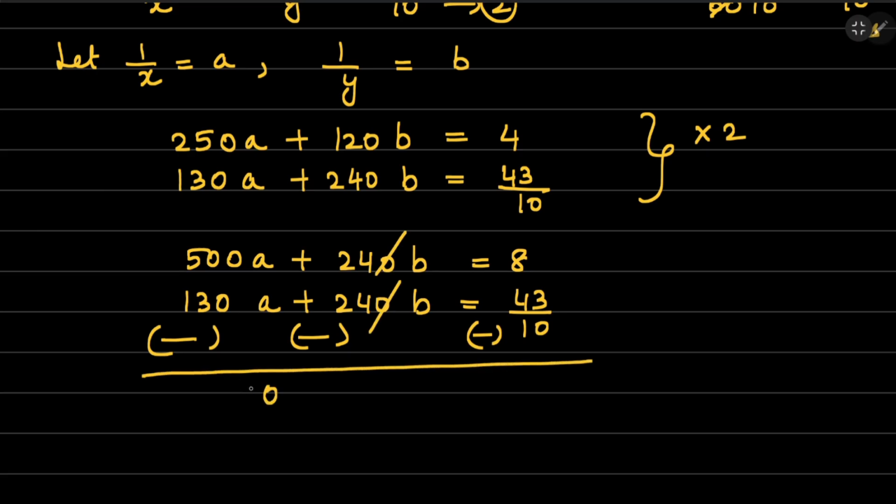So you'll have 370a is equal to 8 minus 43 by 10. 10 is the LCM. So you have 80 minus 43.